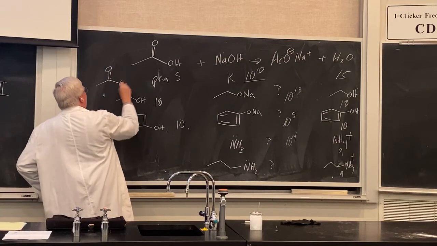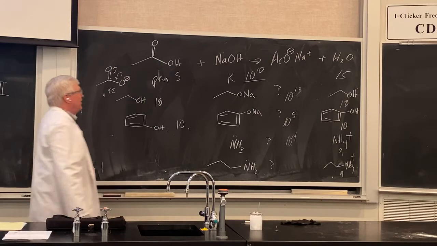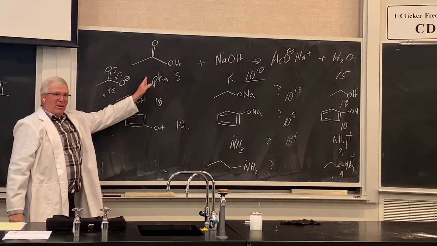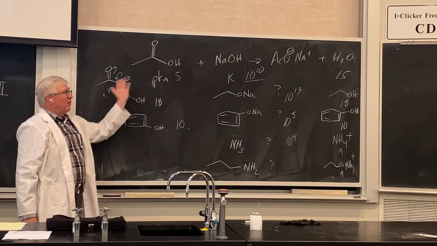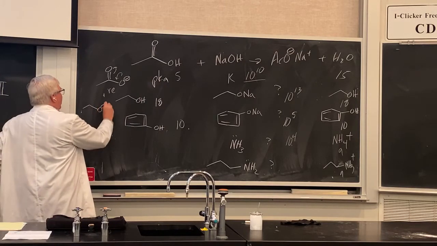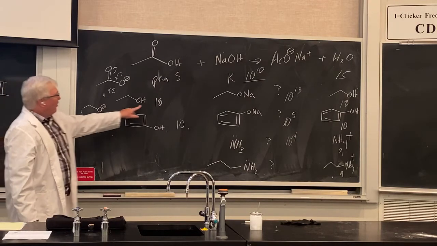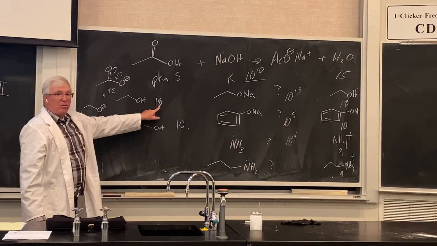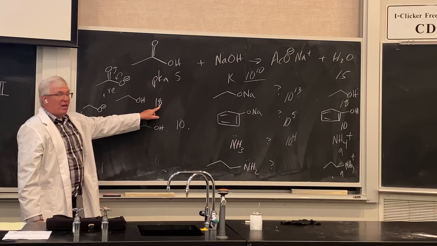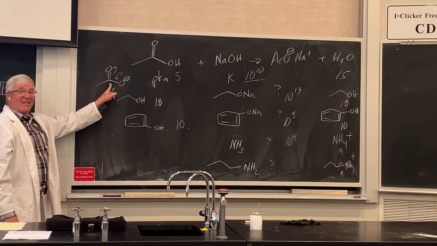Because when it ionizes, it has the resonance-stabilized carboxylate. So it has the lowest number here. The lower the pKa, the stronger the acid. What about this one? Well, that has just O minus, localized, no resonance effect there. So it's harder to pull that proton off, so it's a weaker acid, which also means it's a stronger base compared to acetate.